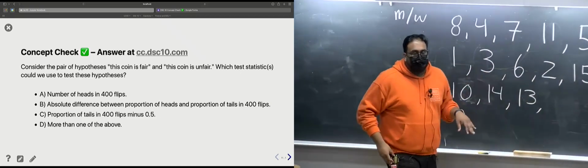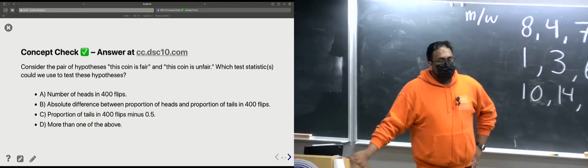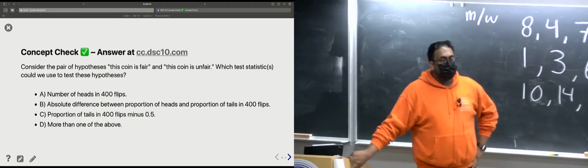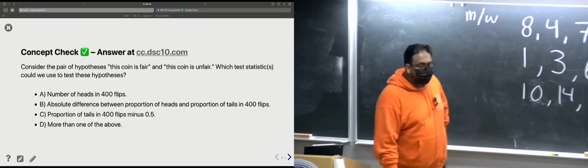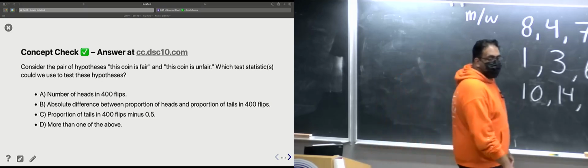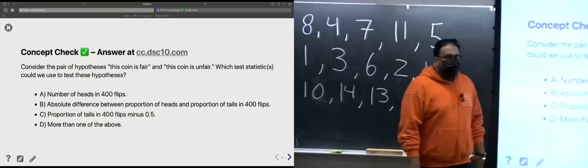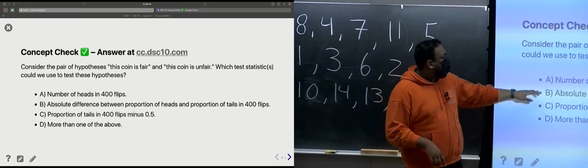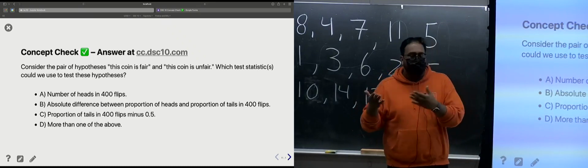Yeah? The reason why A and C are wrong is because the high value shows that the coin is unfair, and the low value also shows that the coin is unfair. Correct. So just like for heads and tails. Yes. And for B, it's the opposite. High shows that it's unfair because it means that the proportions were different than 50-50.